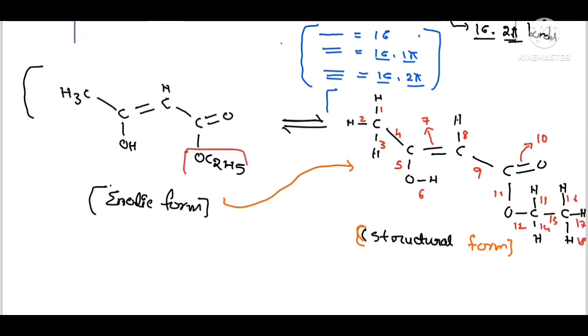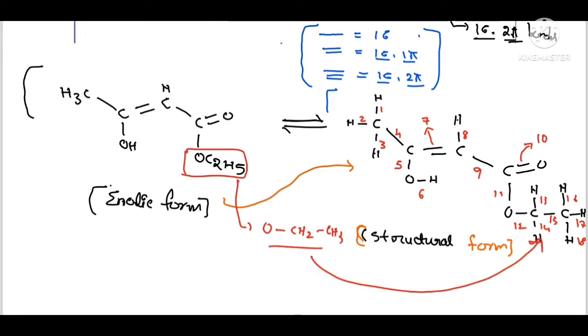Here we observe that OC2H5 is written as O bond CH2 bond CH3. This O bond CH2 bond CH3 is also written in this way. Okay, we conclude that the number of sigma bonds is equal to 18.